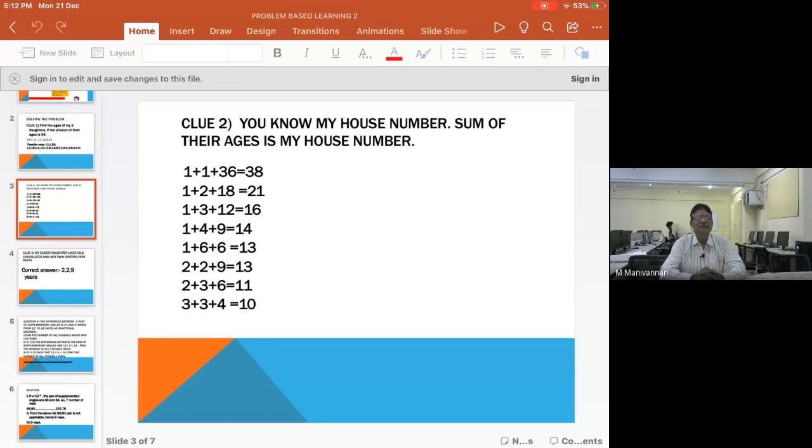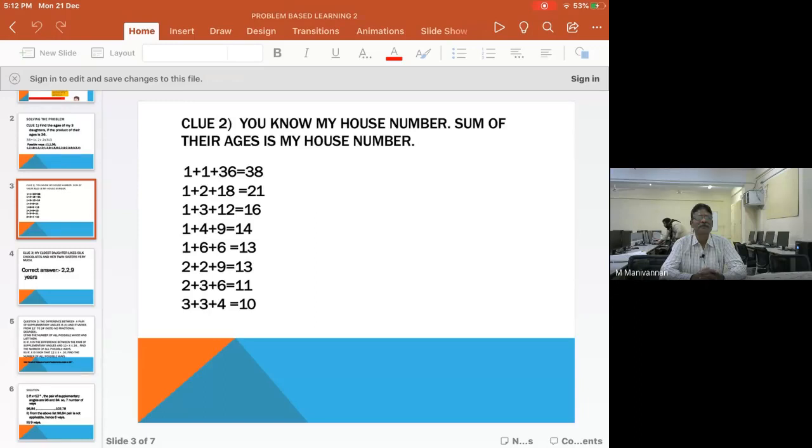Because if it is other than 13, he would have answered. If the house number is 38, he would have answered 21, 16, 14, and 11 or 10, he would have answered. But the house number is 13, that's why he did not answer, because there are 2 possibilities. So he requested one more clue.